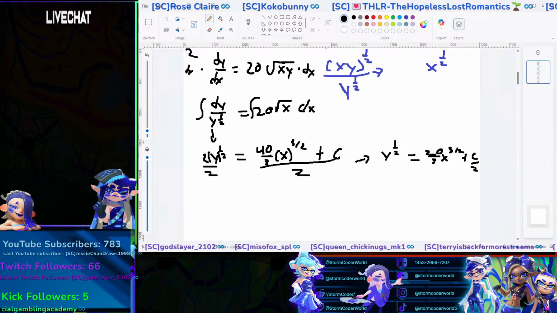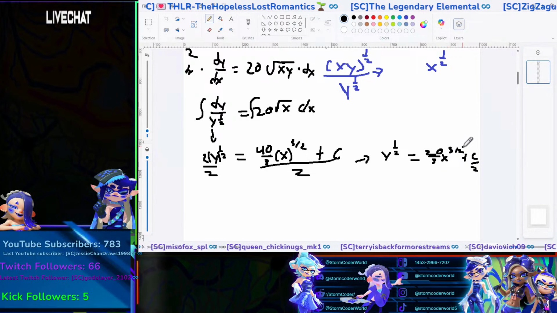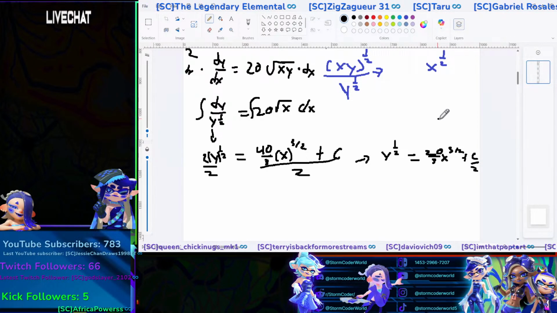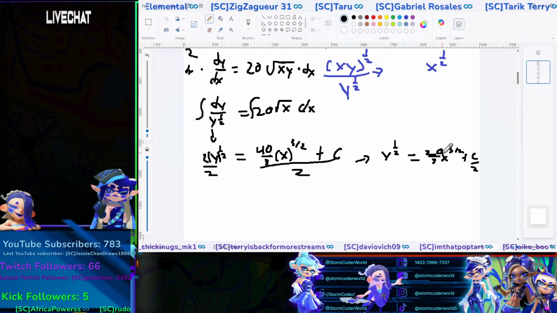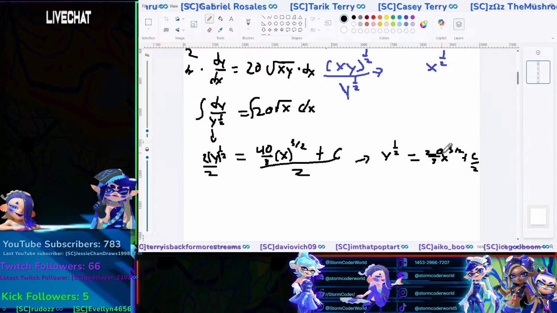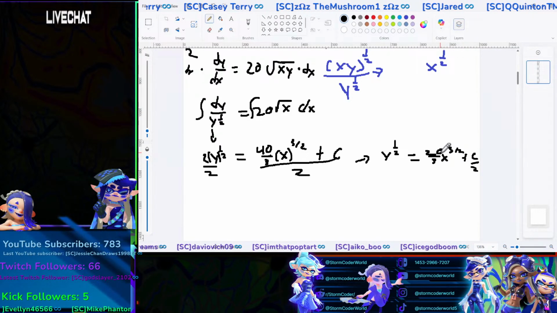Okay, so back to this. 20 over 3 x to the 3/2 plus c over 2. From what I know, just looking at this, if you square the term 2x, you would get 4x squared.